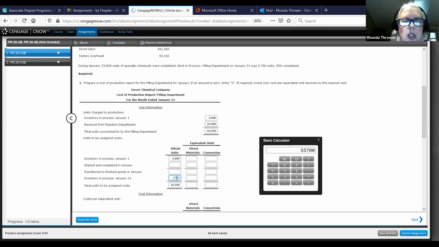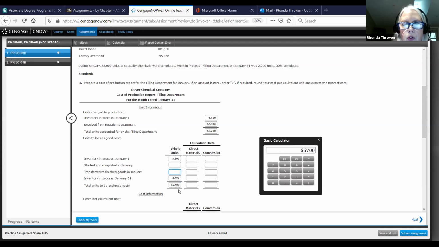And then I can determine what I have transferred to my finished goods inventory by taking the total units to be assigned cost and subtracting the ending inventory units from that. That will tell me what I transferred to my finished goods from this department.